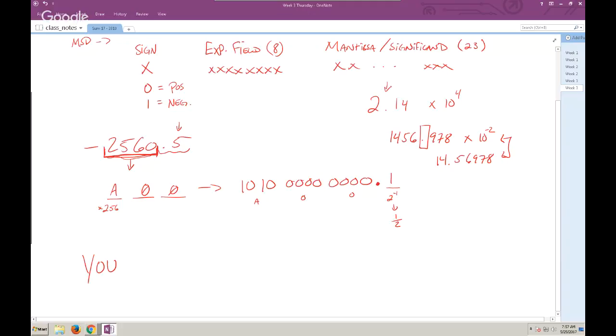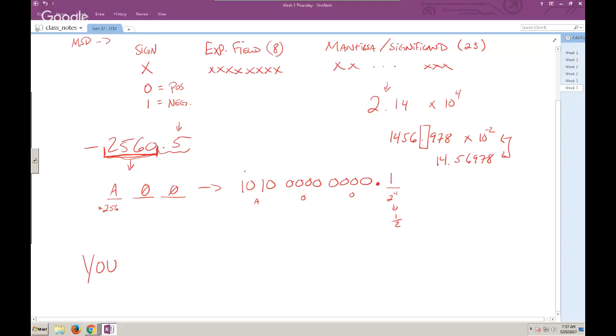Okay? Now that you know why we normalize, let's talk about what that means. It's very simple, actually. Normalization is the process of moving the decimal point to the immediate right of the leading 1. Okay? So in this case, if we look at this number, my leading 1 is where?